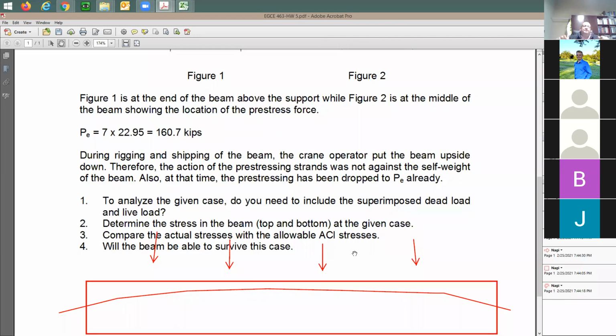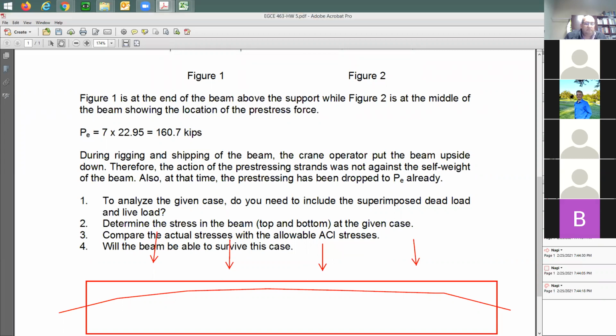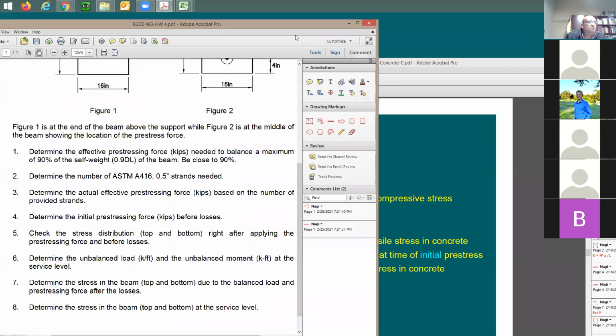Any questions before we move to today's lecture? Professor, can you go back to number 5 from the previous homework? I just wanted to see what the actual values end up being.